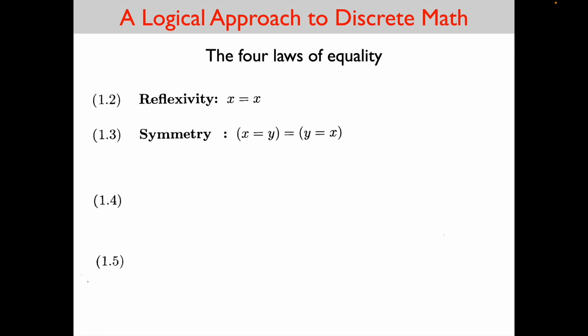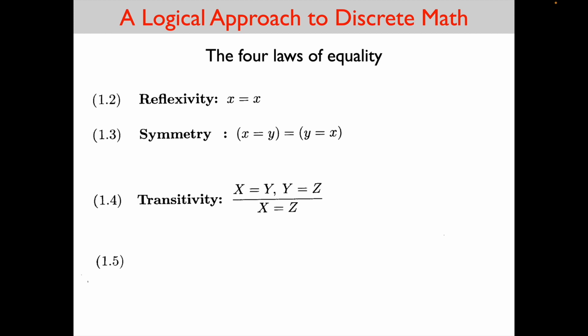You know that 3 equals 4 is the same thing as 4 equals 3. They're both false. Or A equals B is the same thing as B equals A. So that's called symmetry.